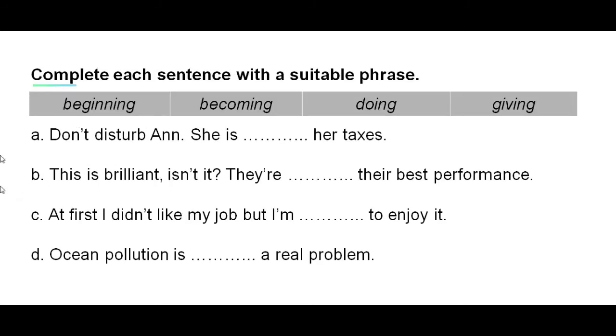And now, read the following sentences and complete them with a suitable phrase. Beginning, becoming, doing, or giving. A. Don't disturb Anne. She is her taxes. B. This is brilliant, isn't it?